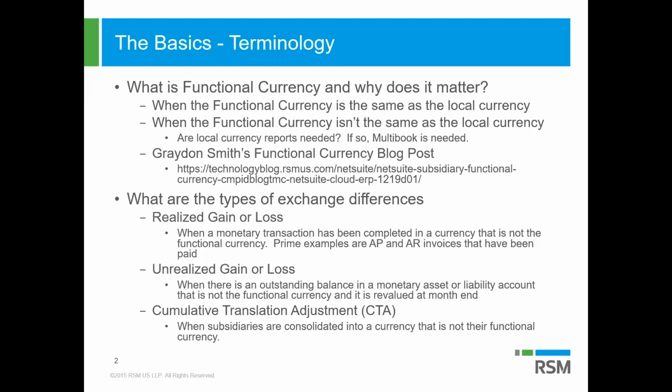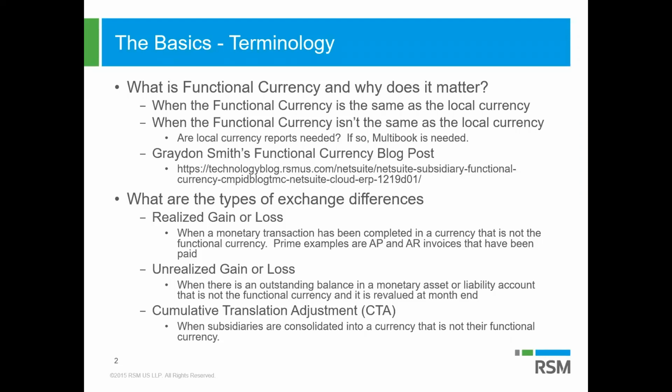The third piece where people get confused is the CTA. So you've got actually two different types of translation going on. You've got realized and unrealized gains and losses that are transactionally based. You've got the cumulative translation adjustment that occurs when you take a set of results, so a trial balance, from a company whose currency is not the parent's currency, and you translate it.